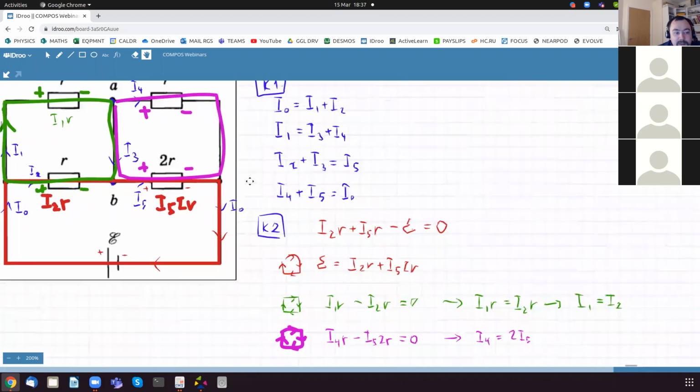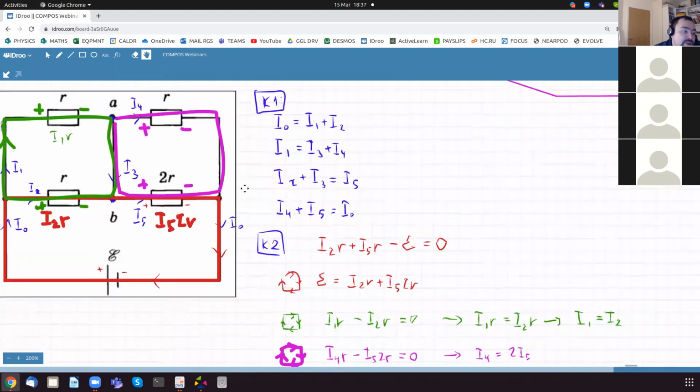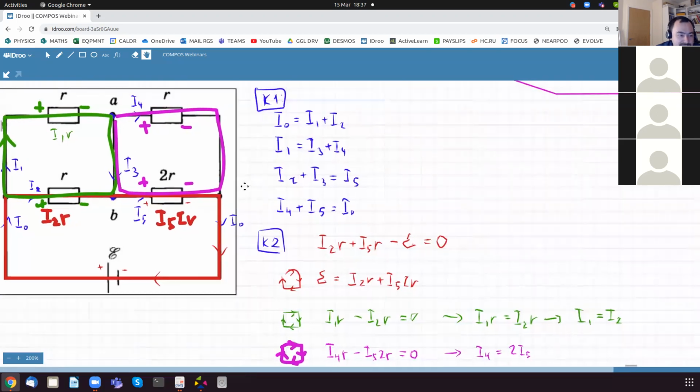The last thing I'd like to do is find the total current, I0, because if you're able to find the total resistance, you can find the total current. That's a little bit of a shortcut, because theoretically you can solve these 9 simultaneous equations and you will get all the values.